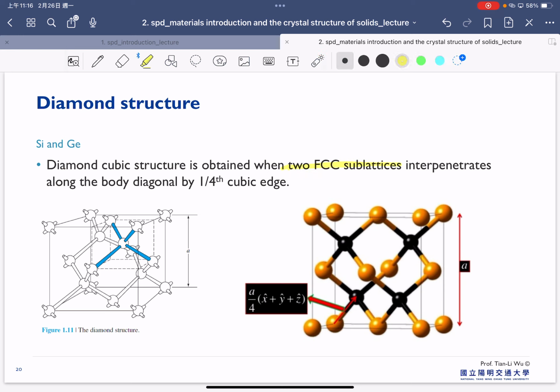That's why we have to introduce simple cubic, BCC and FCC, because in a realistic case like silicon, we have 2 FCC sublattices, and these 2 are shifted along the body diagonal by 1/4 of the cubic edge. So you have 2 FCC lattices with a certain shift along the diagonal, and that's how the silicon structure looks.